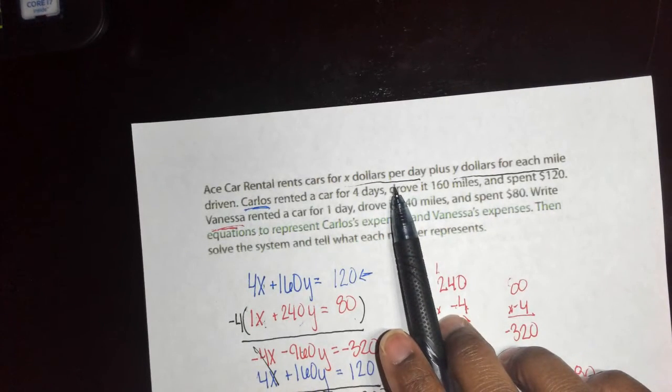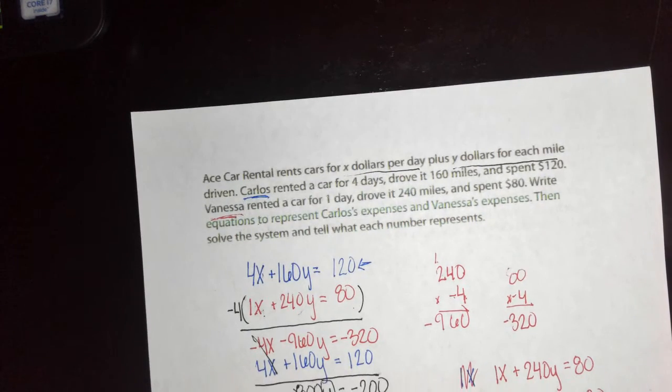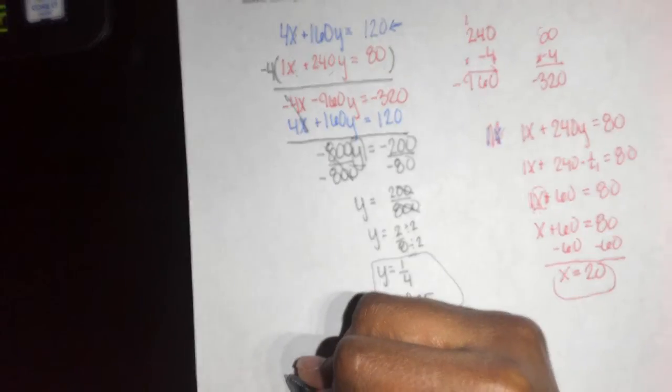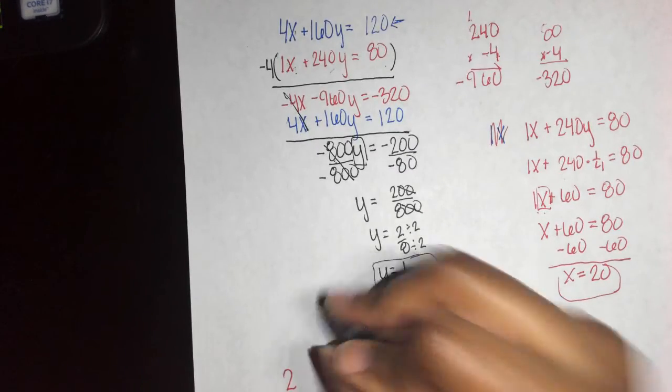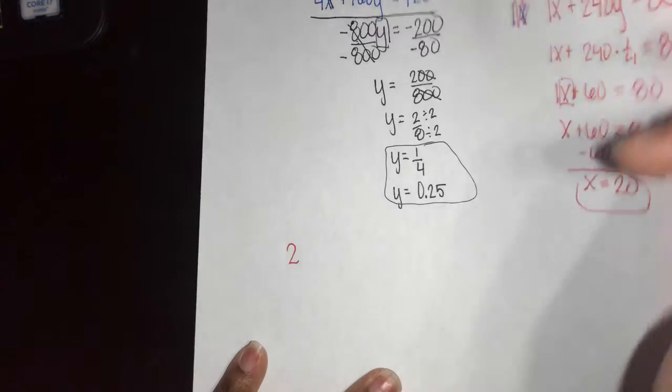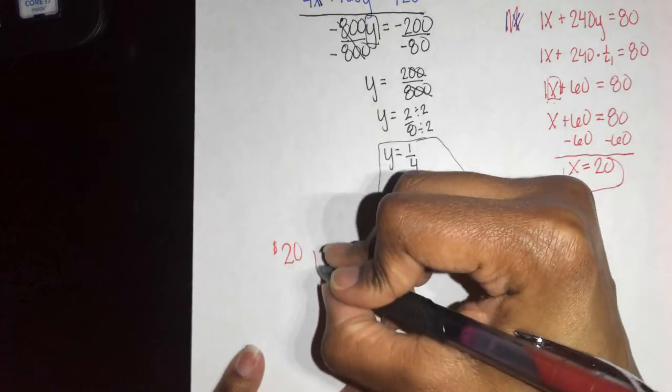Well, what did x represent? X represented how many dollars per day? So we said x, the car rental is going to be $20 per day.